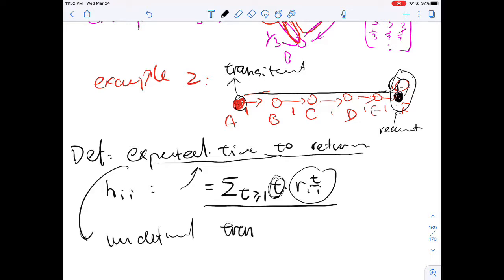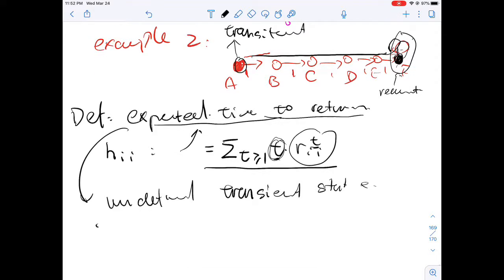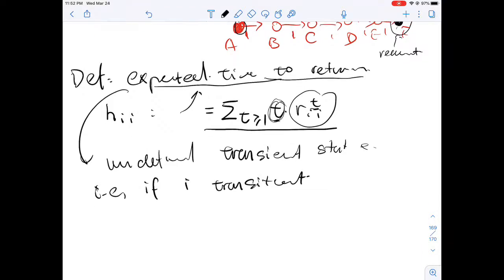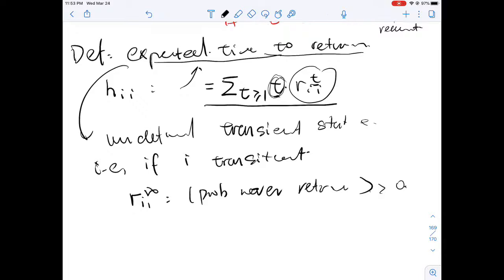for a transient state. So if i is transient, then what I call Rii infinity, the probability of never returning, is going to be greater than 0, right?